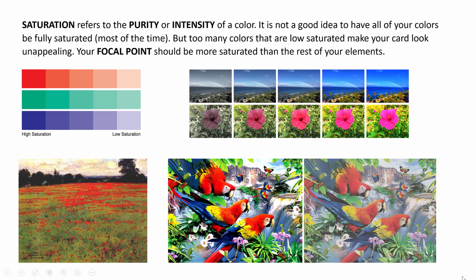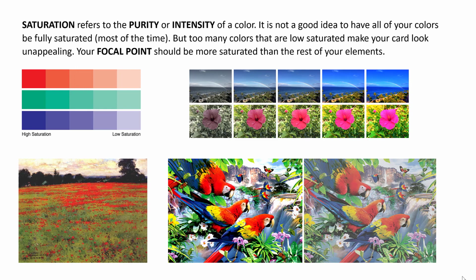Let's look at this picture. Here are two sets of parrots. One, the whole picture is highly saturated. The other is all low saturation. So what if we did this picture over and we did the parrots highly saturated from the left-hand side, and we mixed it with the low saturated background on the right-hand side?